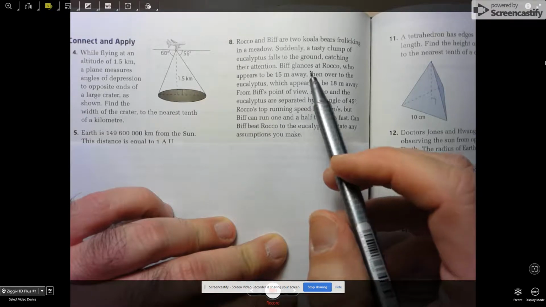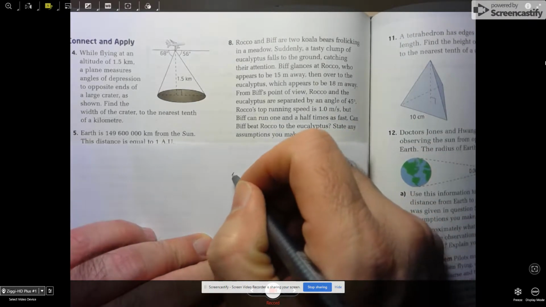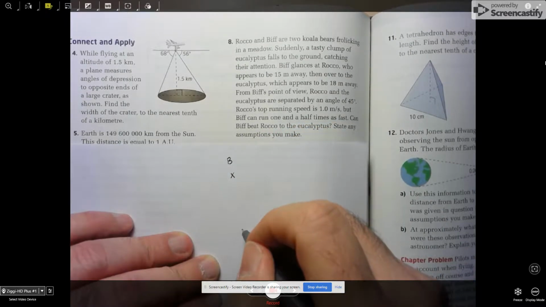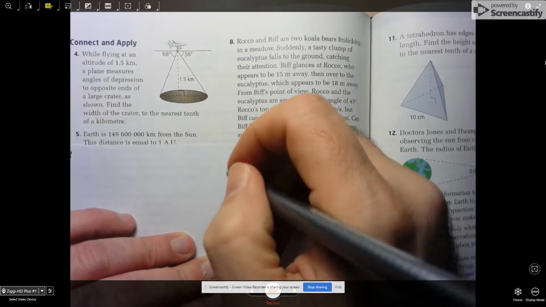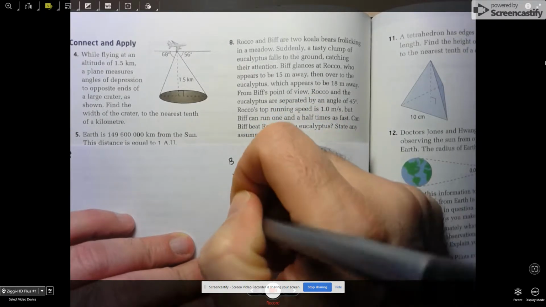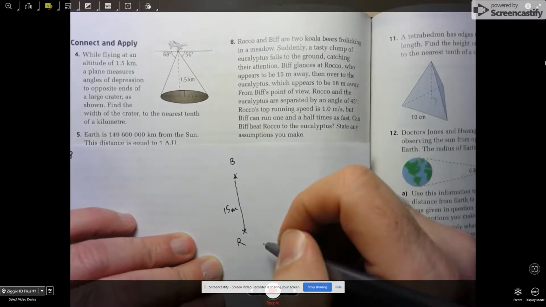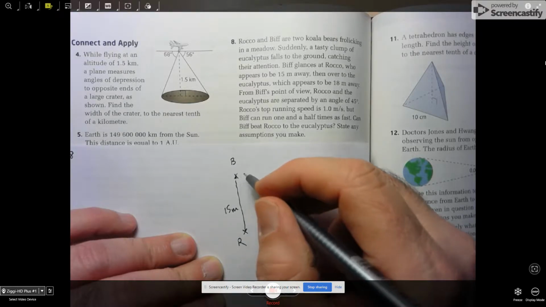So Biff glances at Rocco, who appears to be 15 meters away. So if I put this spot here as being Biff, and then somewhere here is Rocco. All right, and that distance is 15 meters. Okay, and then he looks at the eucalyptus, which is 18 meters away.